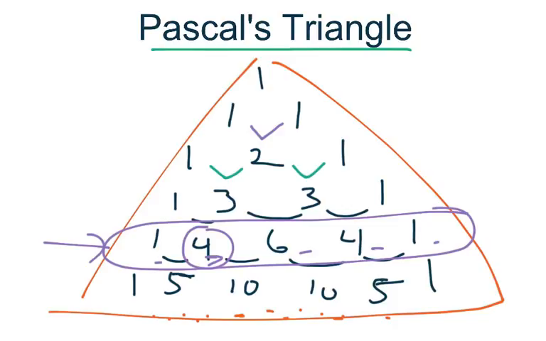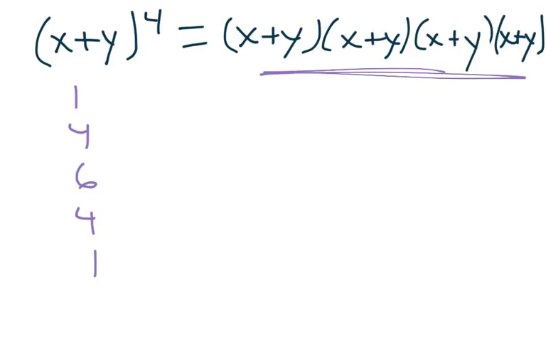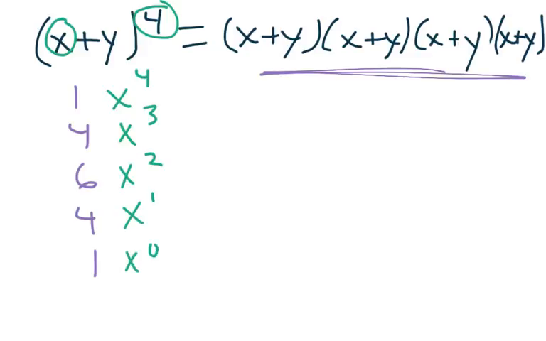Now what? Well, the pattern simply goes like this. This x will have a 4 power on it, correct? So it's going to go x to the 4, but then it's going to count down. x3, x2, x to the 1, x to the 0, but of course we know that's just simply 1.